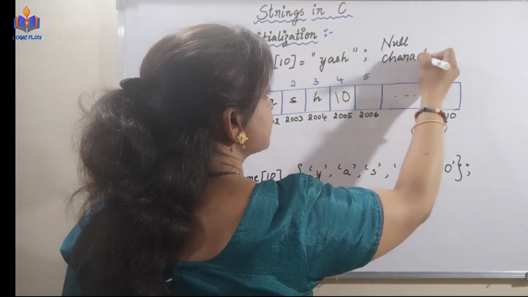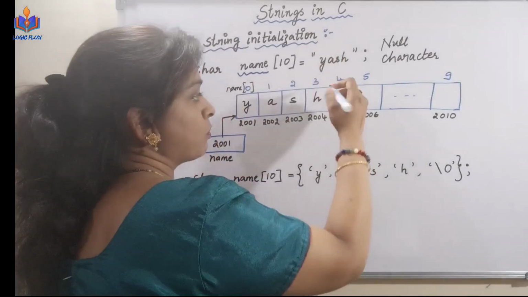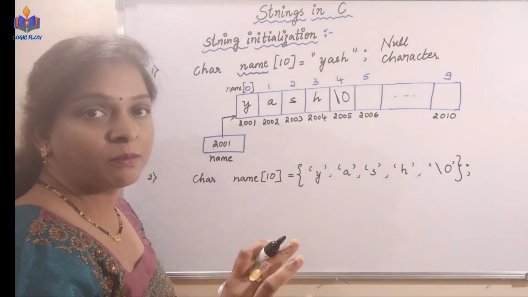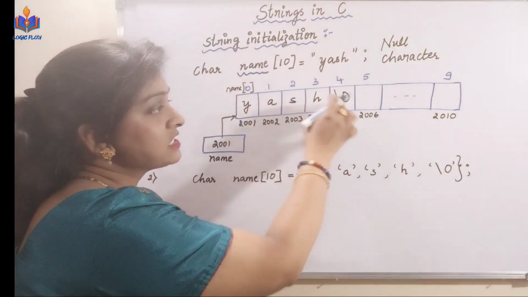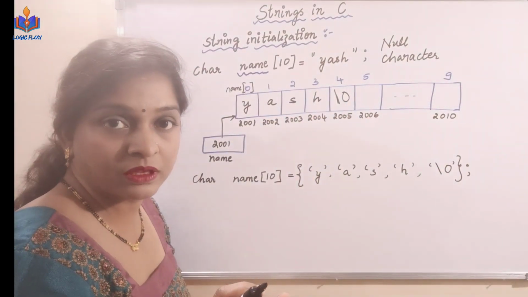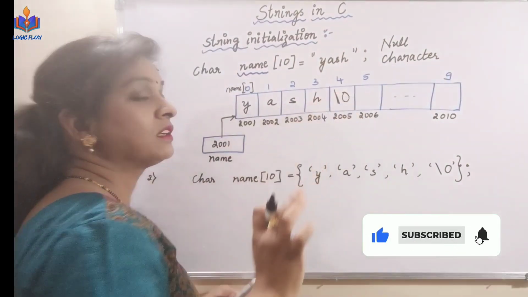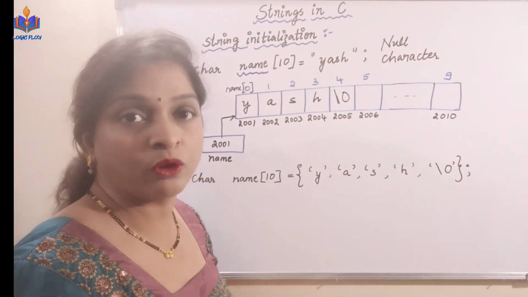So what is this null character? It is \0, which will be appended automatically by the compiler, and it indicates the end of the string. When the compiler encounters the null character, it knows it is the end of the string.